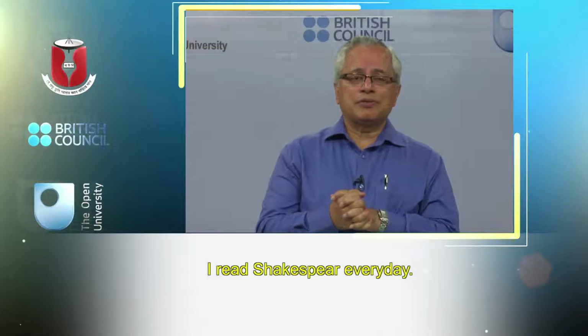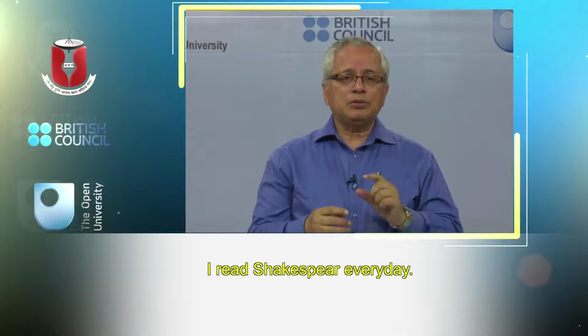Then you can also use the regular past habit. He studied regularly, okay, or he studied not very regularly. Every sentence can also be rendered in the negative form. Now, we also say that, for example, in the simple present form, we can refer to a habitual action by saying that I read Shakespeare every day.